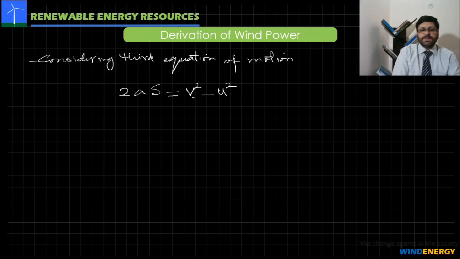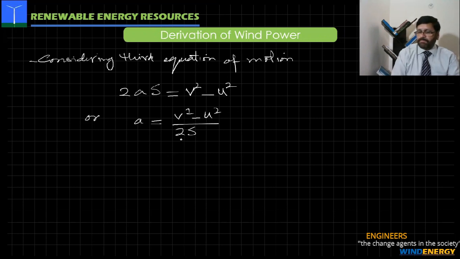Now here v is the final velocity and u is the initial velocity, or we can write this expression as a is equal to v square minus u square upon 2s.